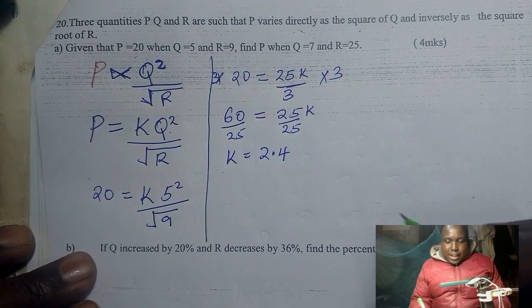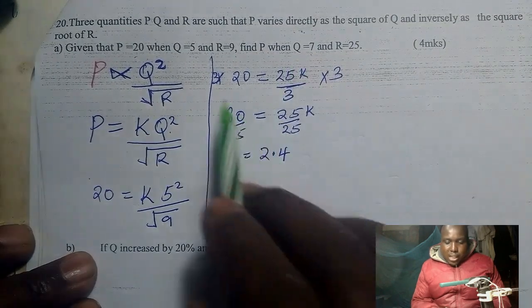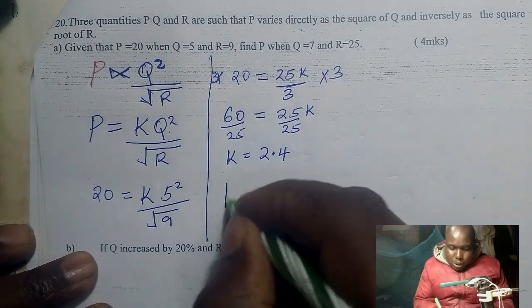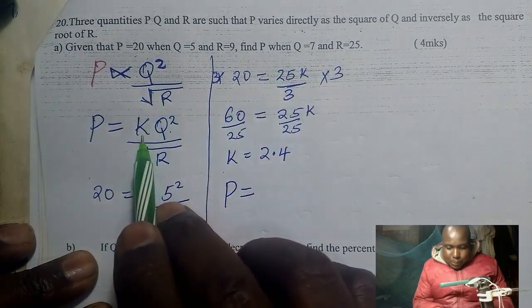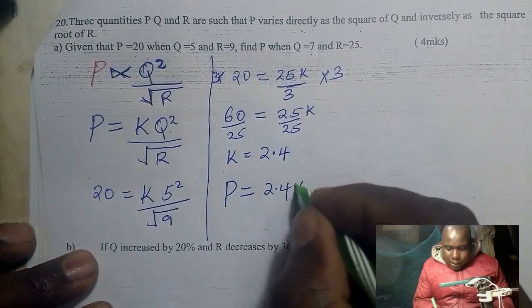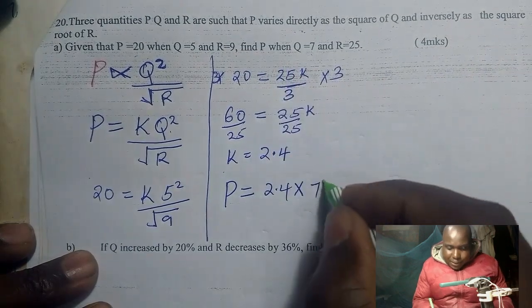Now let us find P when Q is 7. Now that we have K, we are just going to substitute in the formula. So P will be K, which is 2.4, times Q, which is 7, squared.